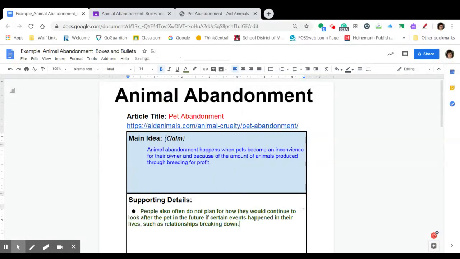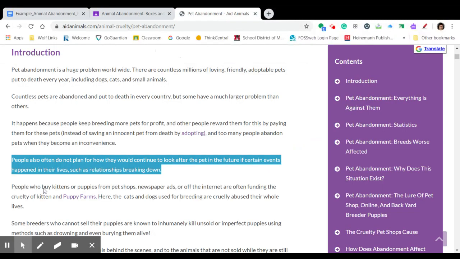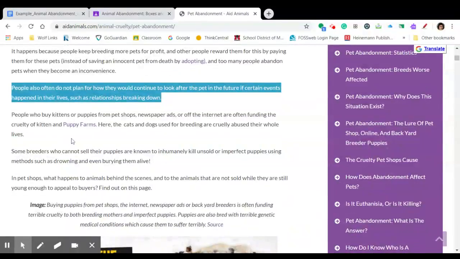People also often do not plan for how they would continue to look after the pet in the future. That supports that. Now, if we go back and look, people who buy kittens or puppies from pet stores or off the internet are often funding the cruelty of kitten and puppy farms. Here, the cats and dogs used for breeding are cruelly abused their whole lives.